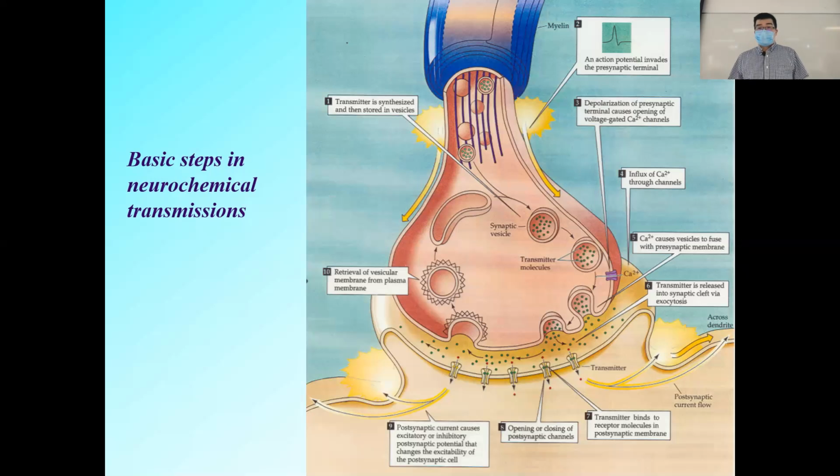Okay, so first you can see that there's a picture here. The first step, the transmitter is being synthesized and then stored at the vesicle. We will talk about how that happens as well. Now, when the action potential arrives at the presynaptic terminal, that will trigger the depolarization of the voltage-gated channels.